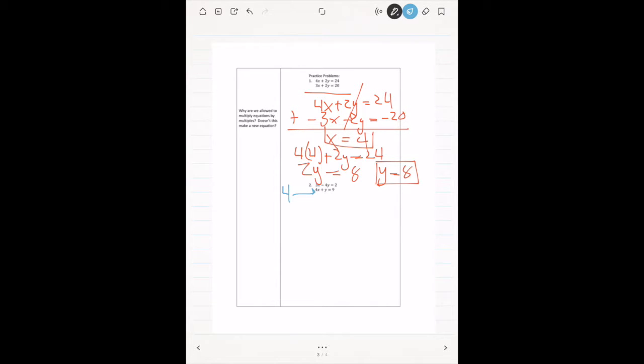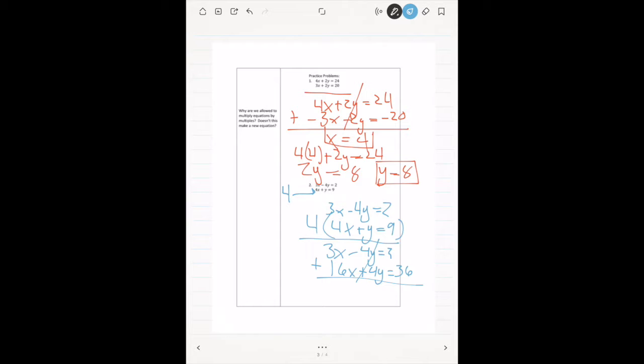Let's multiply that and see what we get. 3x minus 4y equals 2, and 4x plus y equals 9. If I multiply this bottom by 4, it's going to turn into 3x minus 4y equaling 2, and 16x plus 4y equaling 36.